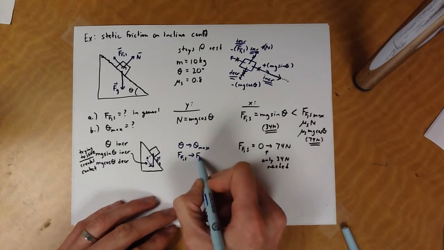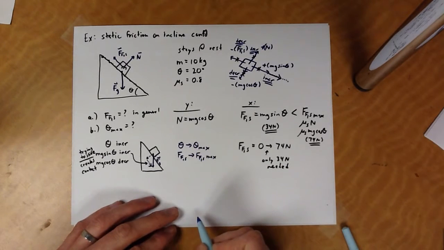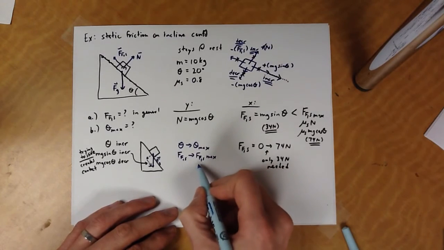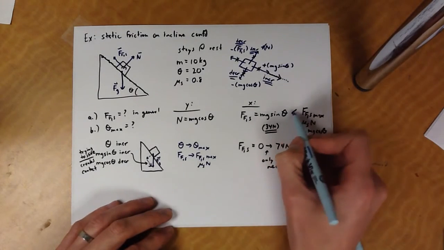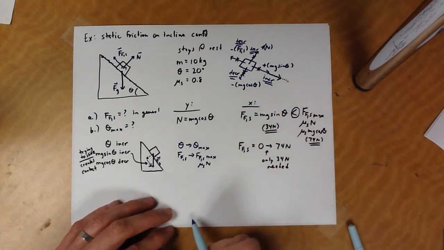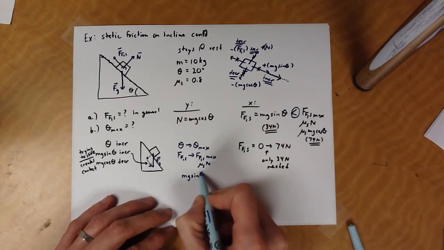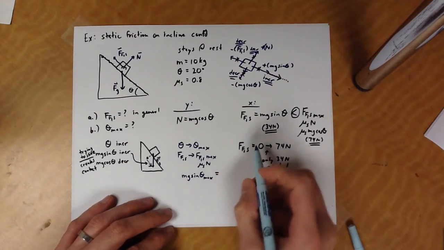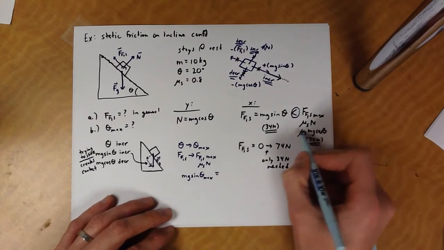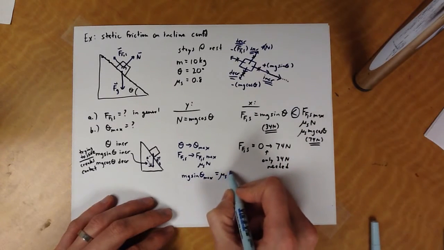So the force of static friction becomes its maximum value, and of course we know that that's calculated by this. So rather than this being a less than sign, now it's going to be an equal sign. So mg sine theta, which is the force trying to move it, if we're at the maximum angle, by definition, has to be equal to the maximum frictional force.